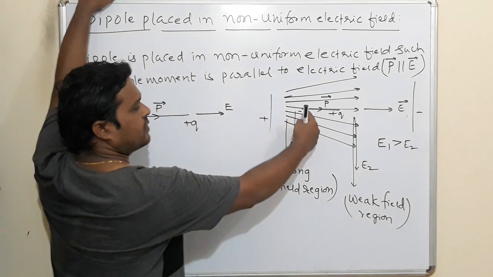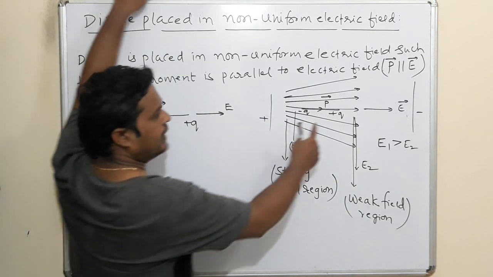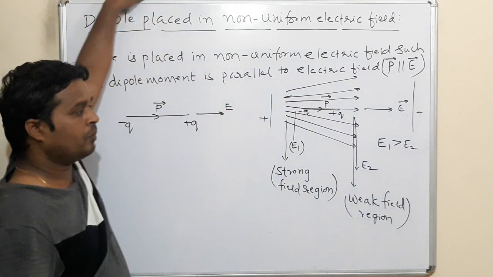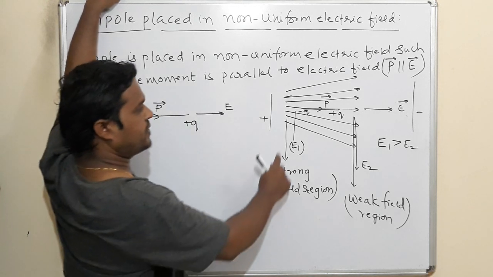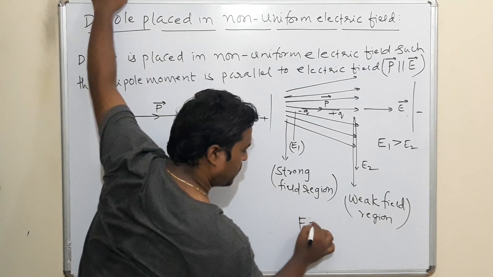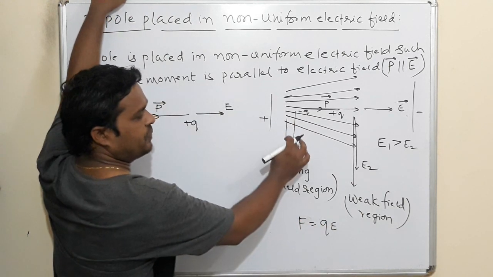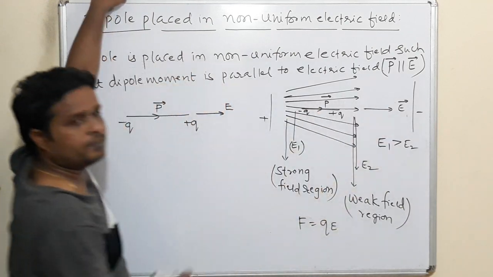This negative charge will experience a force in this direction and this positive charge will be pulled in this direction by different forces or same forces? By different forces. The formula for force is qE, but here E is different. This E is more than this E.